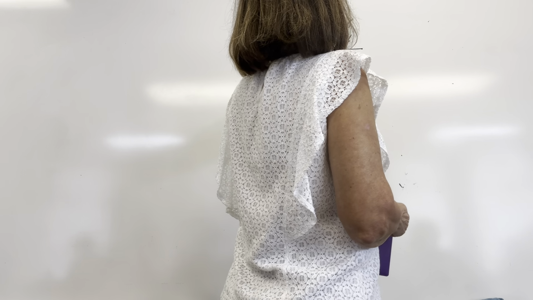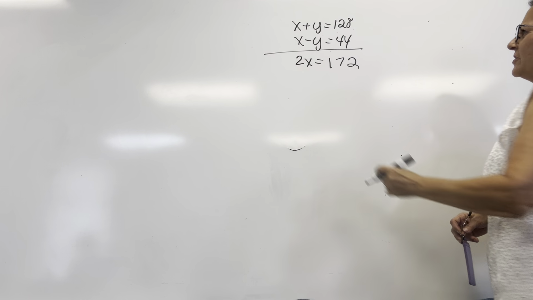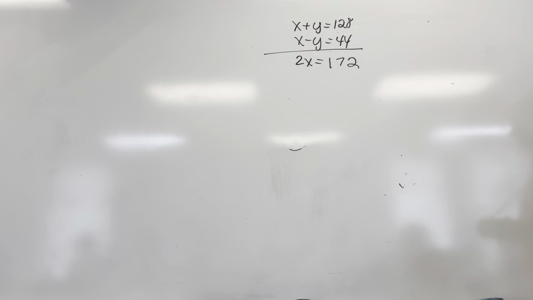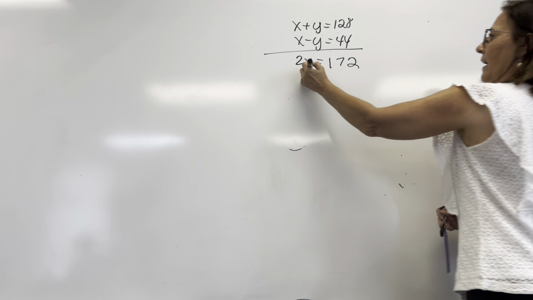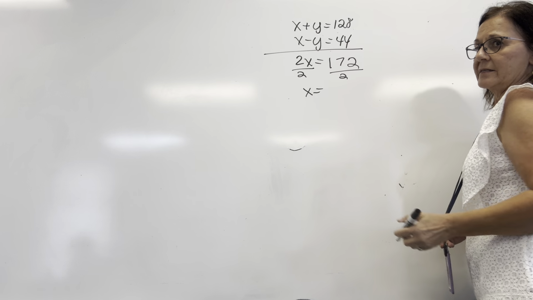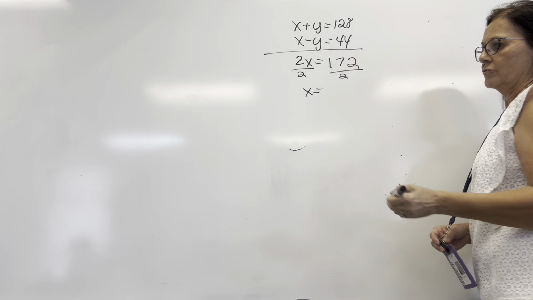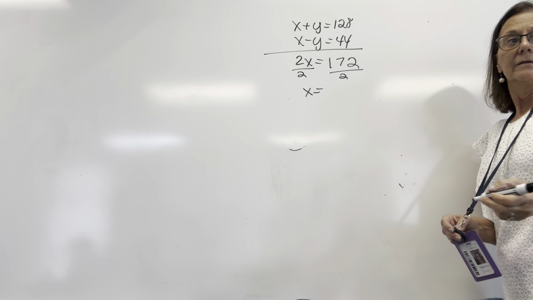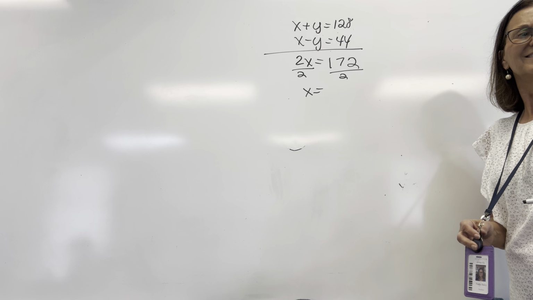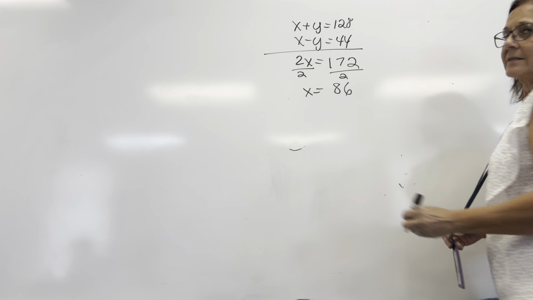So we end up with 2x is 172, is that right? And then when we divide both sides by 2, x is 86. Is it 86? Yes.